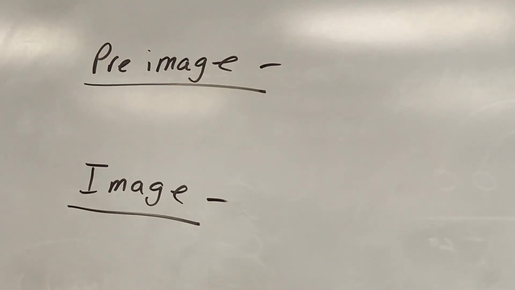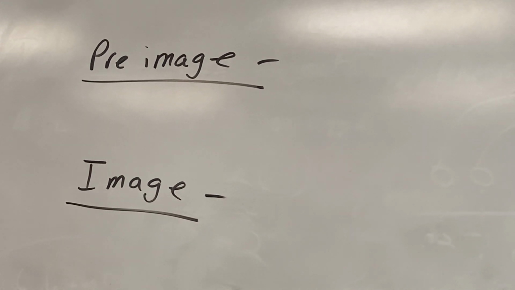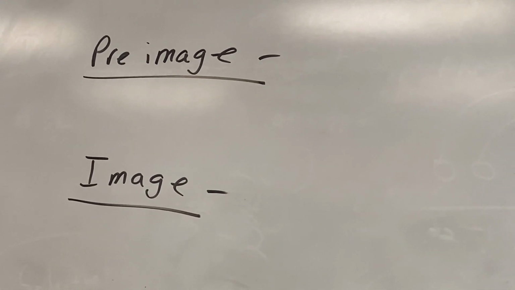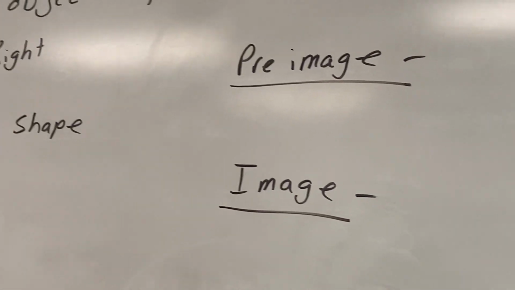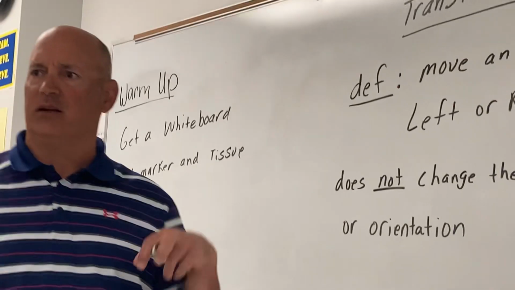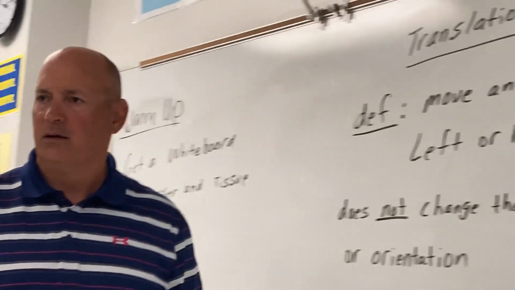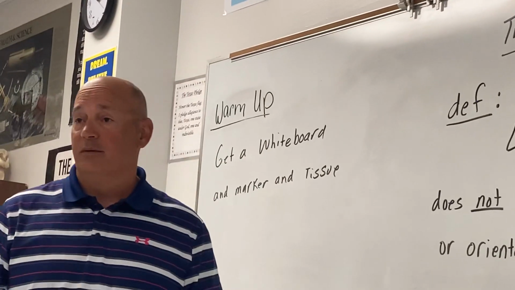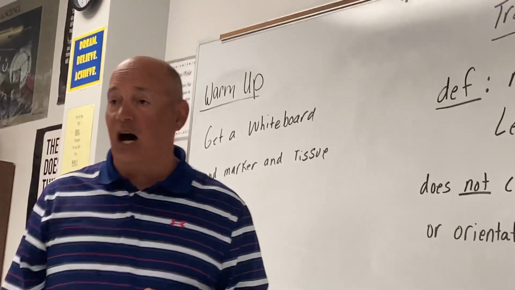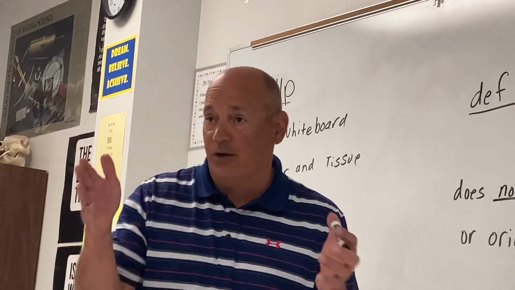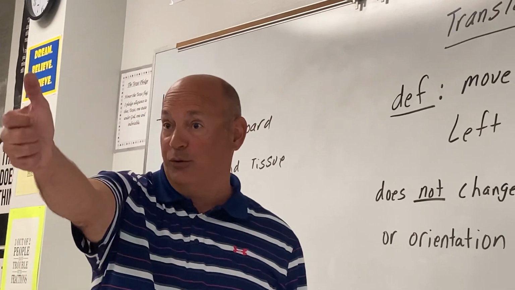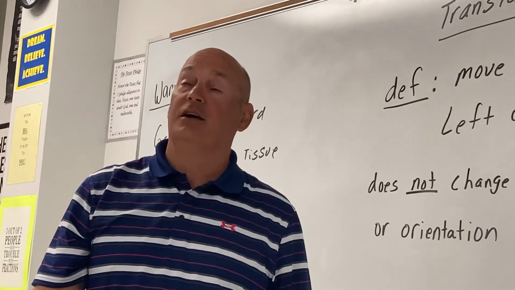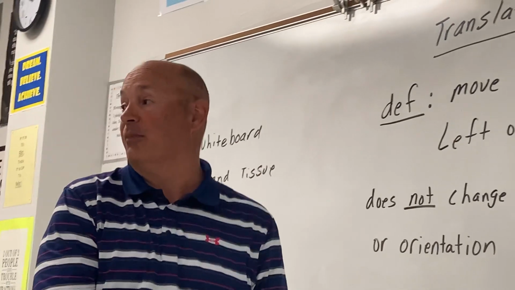Now, let's think about this for a minute. If I take a picture, don't we call that an image? Is the picture the original or a duplicate? It's a duplicate. If I take a picture of you, that is not what you are. You're the one I'm taking the picture of. You were there first.